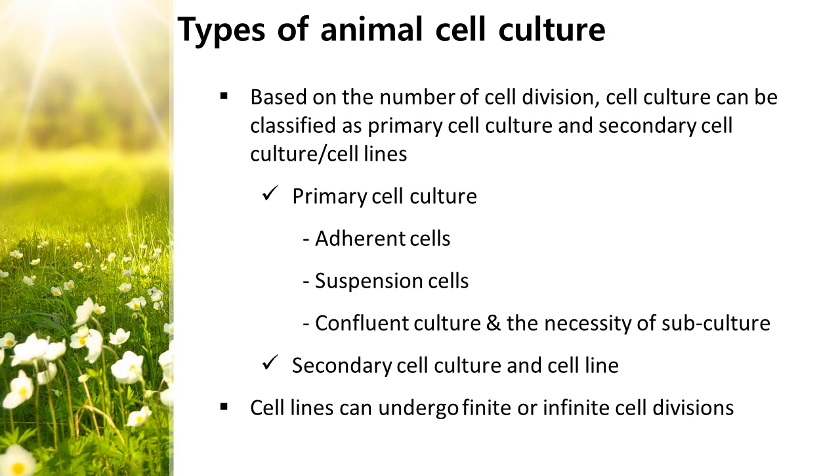Whereas infinite cell division exclusively covers the tumor cells. Here we can't tell how many cell divisions will occur. So it is divided into finite cell division and infinite cell division. These are the different types based on the number of cell divisions.